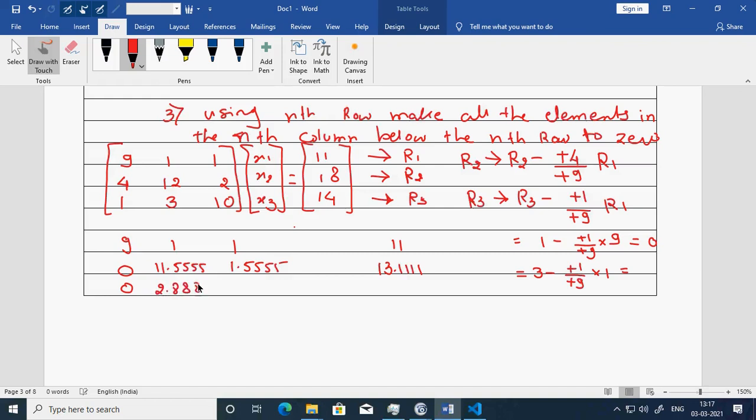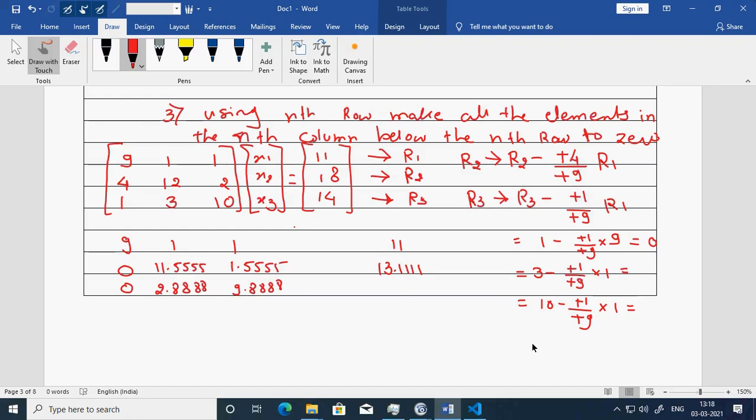The next thing is 10 minus plus 1 plus 9 into 1 again. So this value will be how much now? So I suppose it will be 9.8888. Okay, if I'm wrong, just let me please correct me.